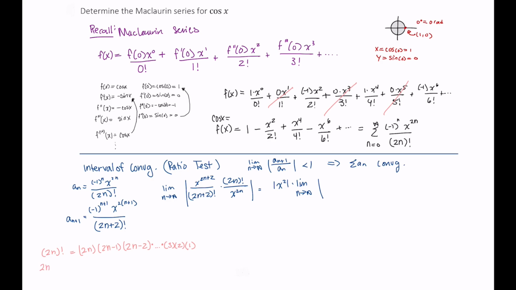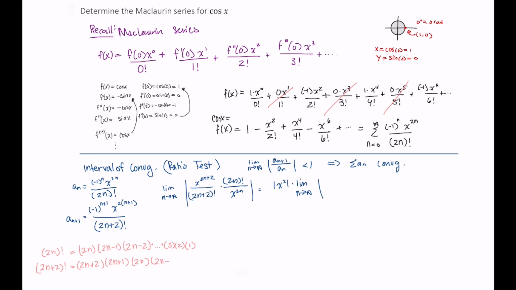So let's look at 2n plus 2 factorial. This is 2n plus 2 times 2n plus 2 minus 1, which is 2n plus 1, times 2n plus 2 minus 2, which is just 2n, times 2n plus 2 minus 3, which is just 2n minus 1.